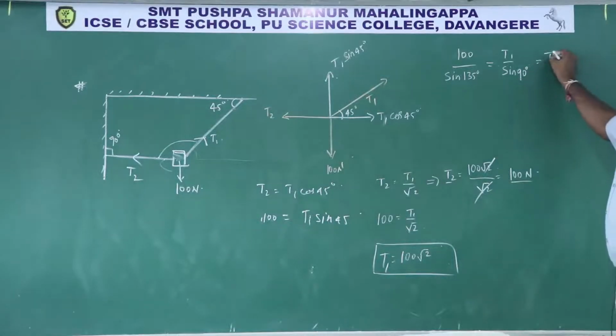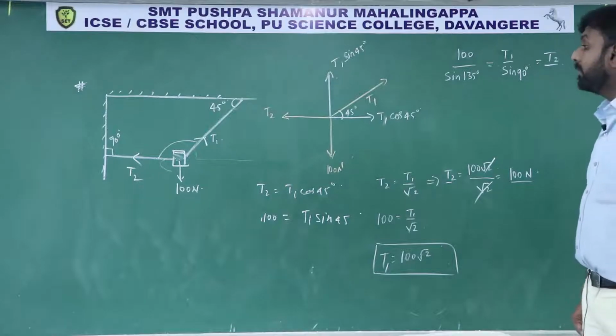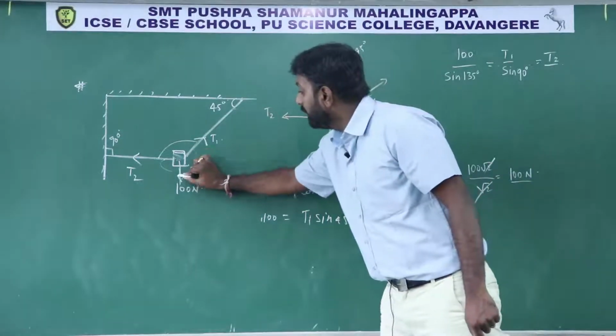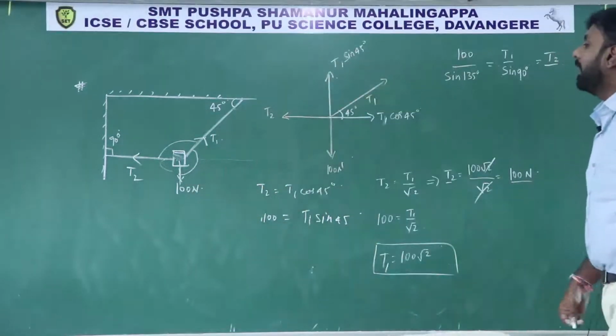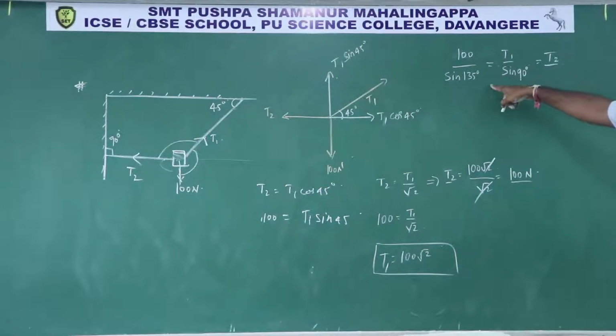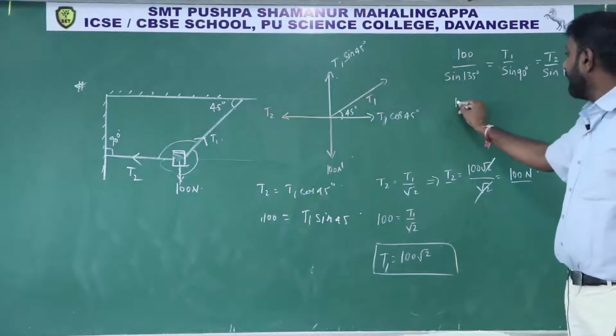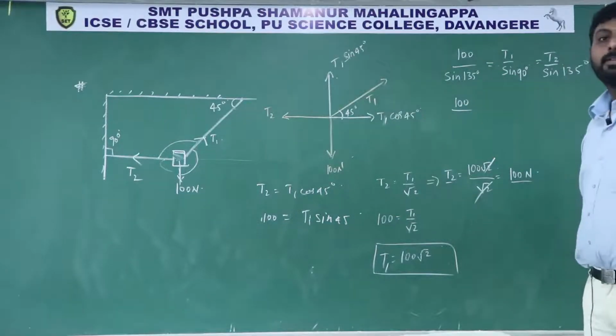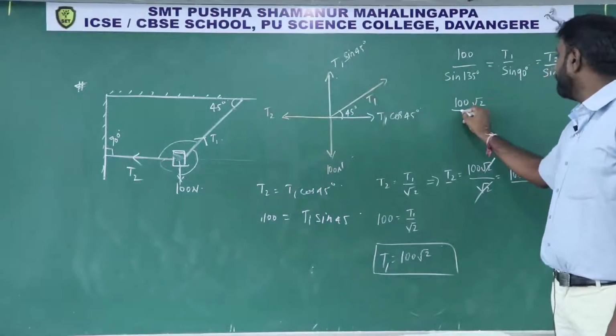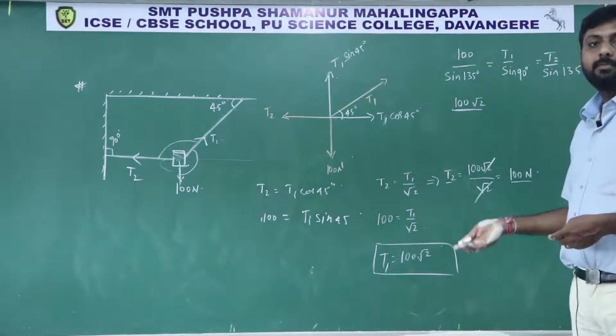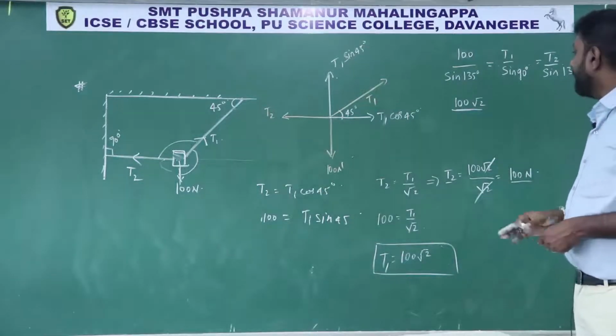And for T2, the angle between T1 and 100, if you observe, this angle also is sine 135, right? And 100 by sine 135 means 100 divided by 1 by root 2, since sine 90 plus 45 is 1 by root 2.